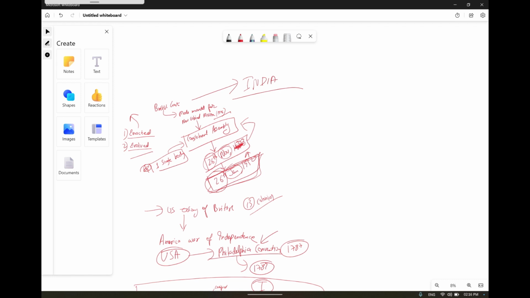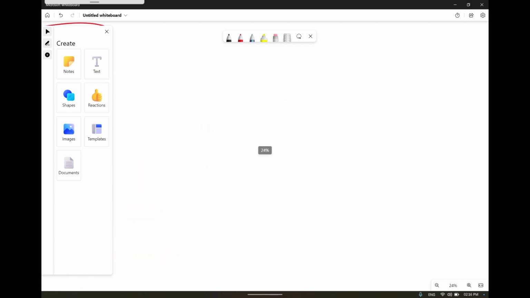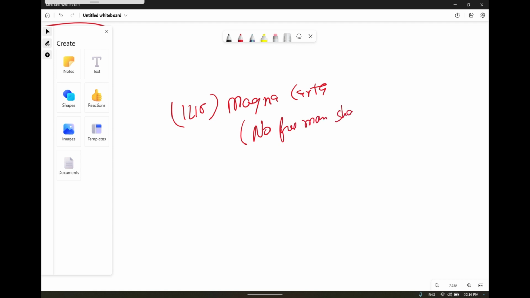These things have been seen in the UK constitution. In the Indian constitution, whatever is written in the constitution, only on that provision will the laws be made and anything happen within the country. But if we take the example of the 1215 Magna Carta, it said no free man shall be imprisoned, and church will be separated from politics.